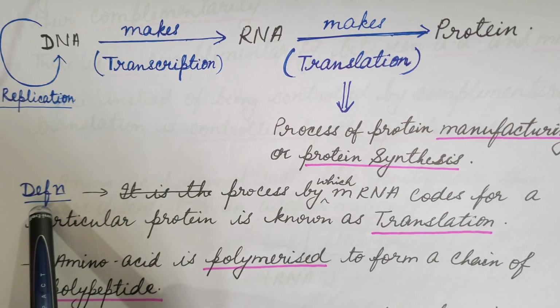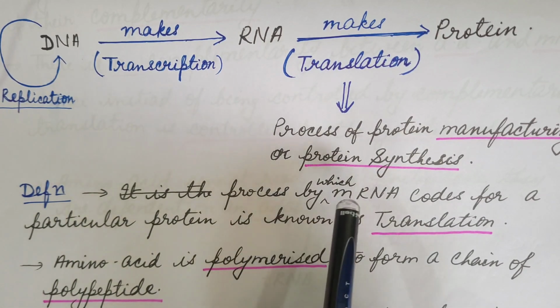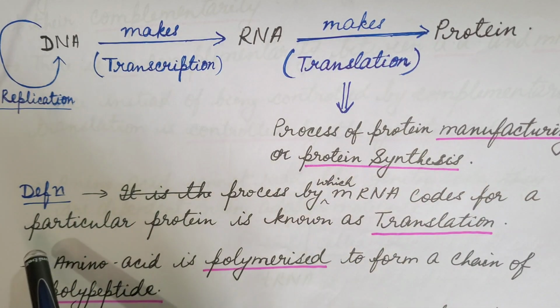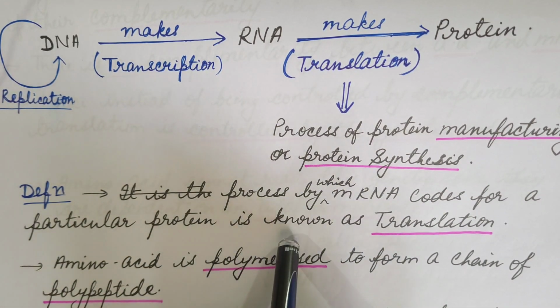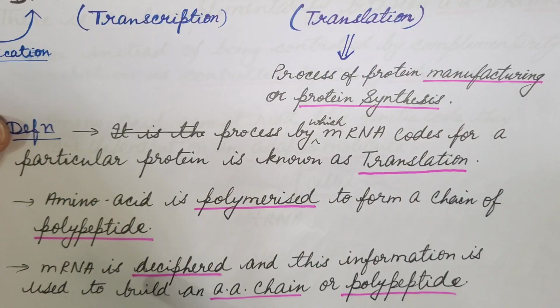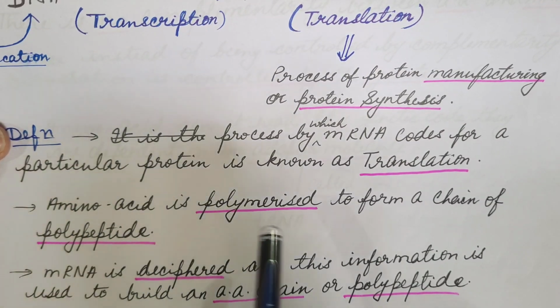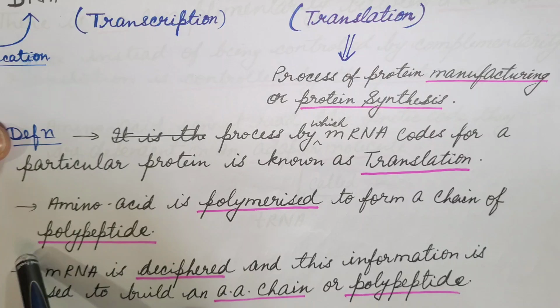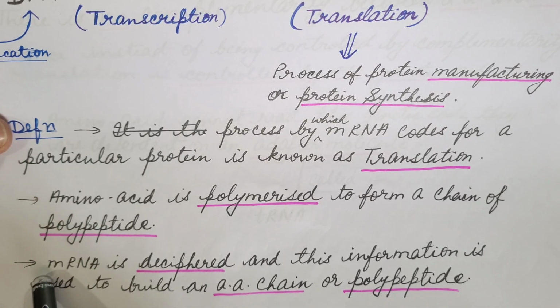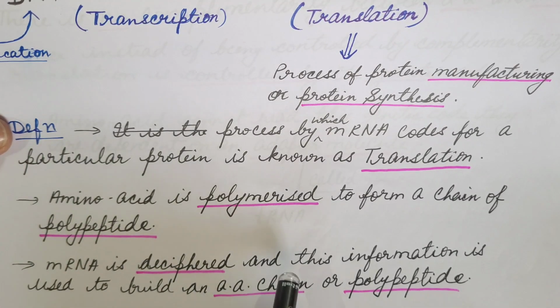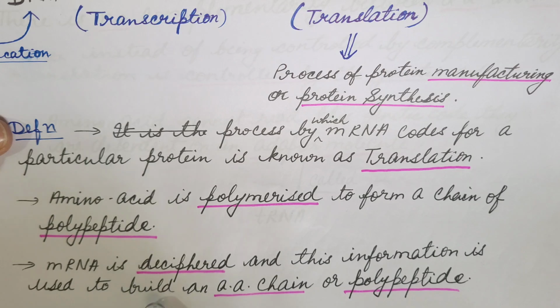Now the definition of translation. Process by which messenger RNA codes for a particular protein is known as translation. In translation, amino acid is polymerized to form a chain of polypeptide. Or in other words, messenger RNA is deciphered and this information is used to build an amino acid chain or polypeptide.